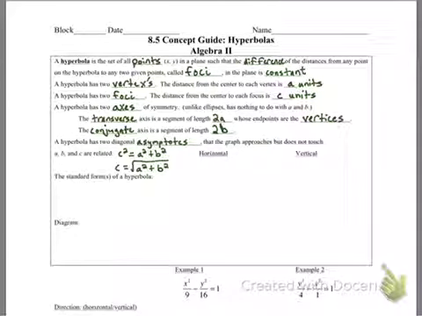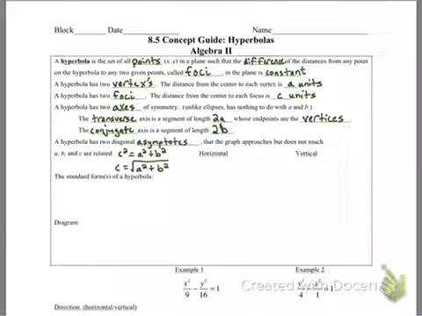All right, the transverse axis is a segment of length 2a, whose endpoints are the vertices, okay? The vertices are where our hyperbolas start from, and they expand out. The conjugate axis is a segment of length 2b. A hyperbola has two diagonal asymptotes that the graph approaches but does not touch.